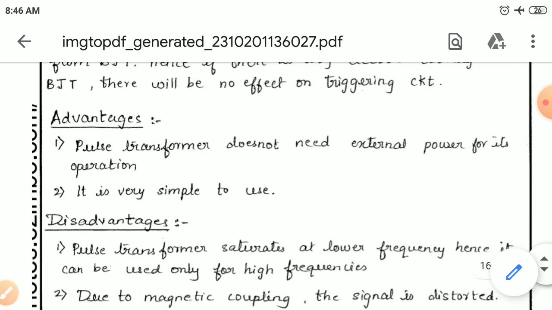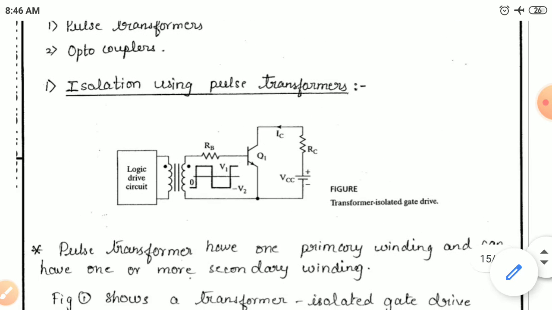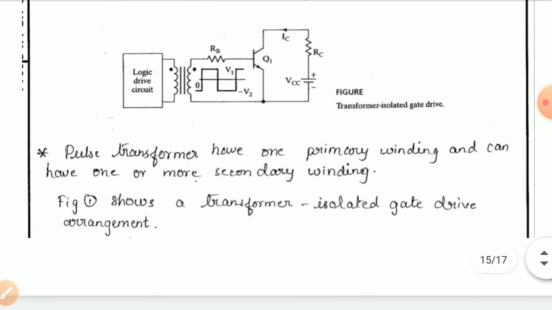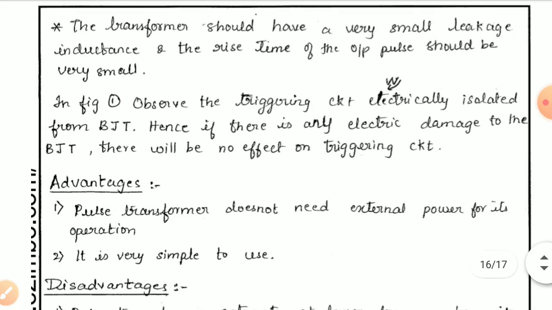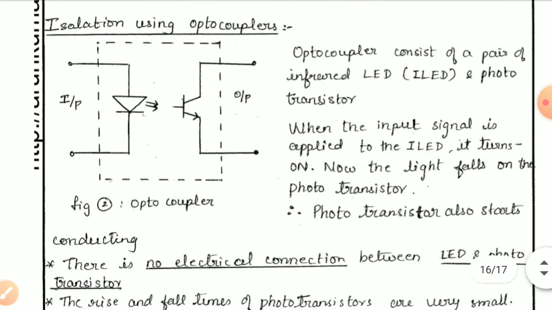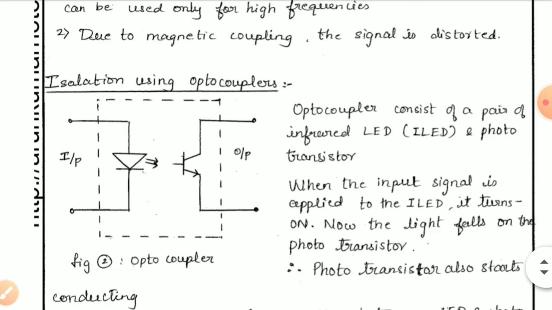So that is the isolation of gate and base drive circuit using the pulse transformer. The second one is isolation using the optocoupler. In this equivalent circuit the BJT is not indicated; we are just indicating the isolation part.